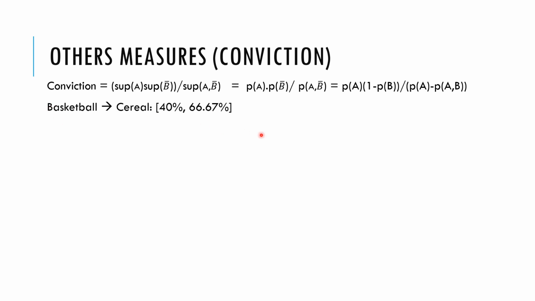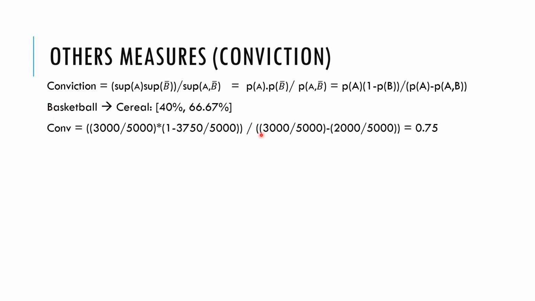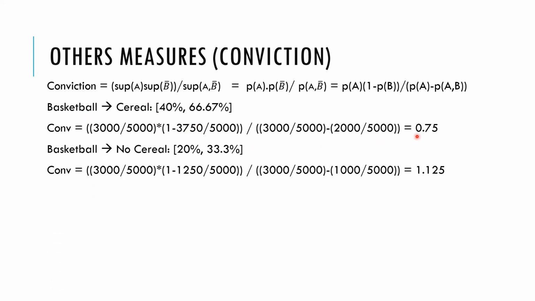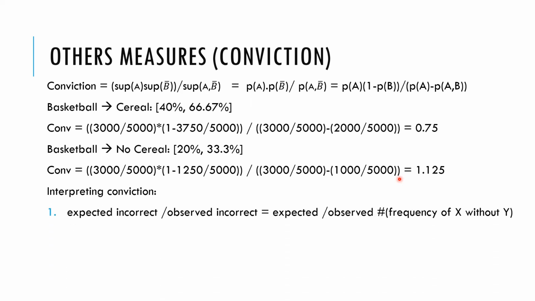Again, we look at the same example we saw earlier, and we calculate the conviction value for both the rules. For the first rule, we got a conviction value of 0.75, and for this one, it's 1.125. So how to interpret the conviction? Basically it looks at the ratio between expected incorrect and observed incorrect.